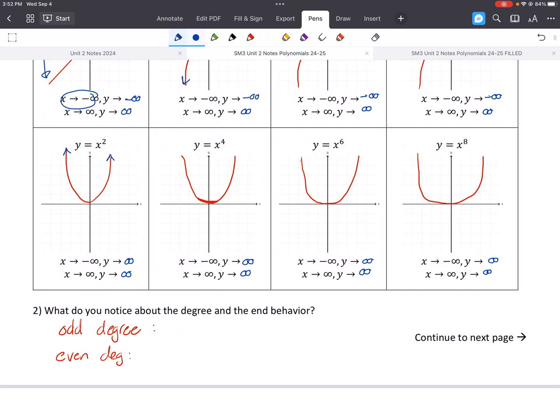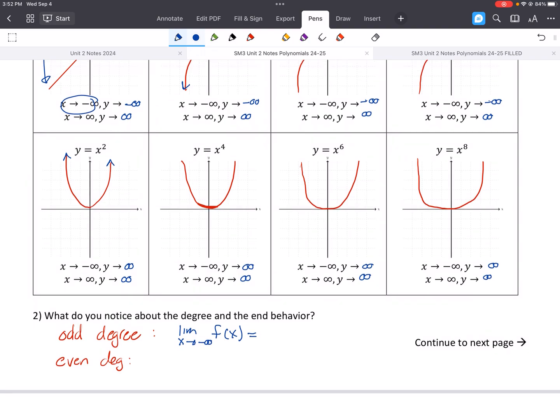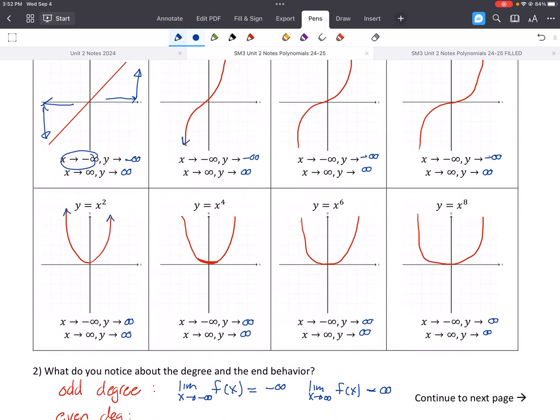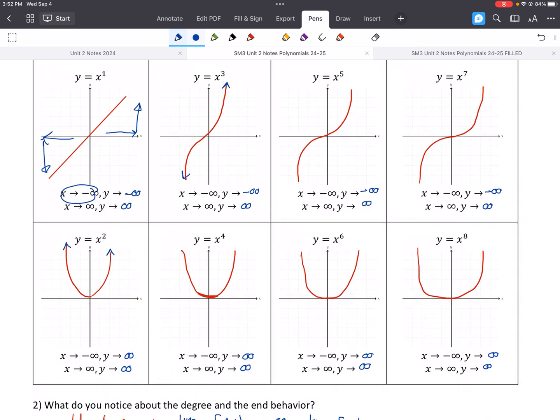So here we'd have the limit as x goes to negative infinity, so that's going to the left, the function f of x goes to negative infinity. And then as x goes to infinity, so going to the right, the function goes to positive infinity. So that's kind of what we got on the first row. The left goes down, the right end goes up.